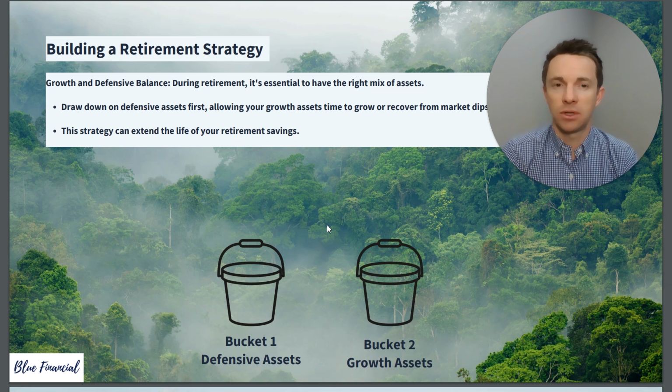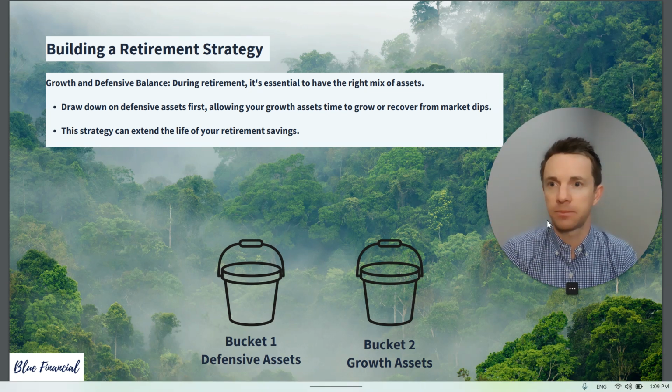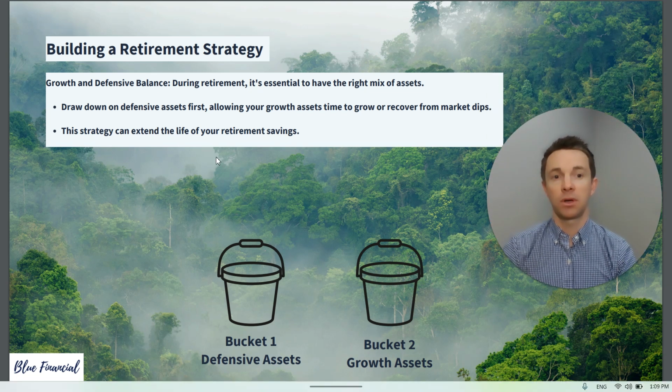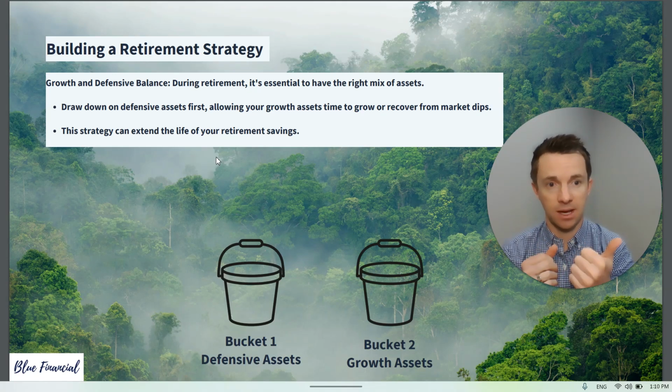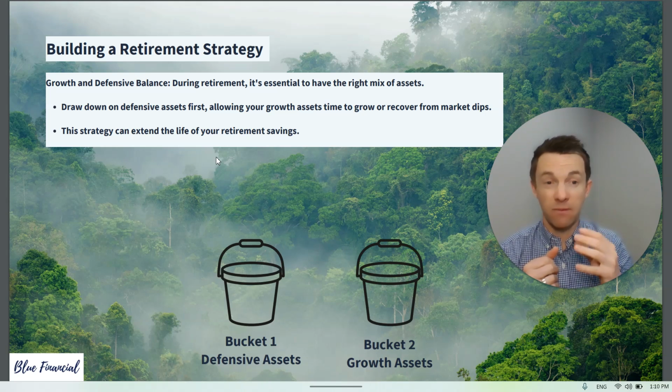Now, building a retirement strategy for you. We want a nice balance between defensive and growth assets. Bucket 1 within your super fund is going to have a certain allocation to defensive assets, the cash and term deposits, for example. Rule of thumb, you might have 5 years of income that you're going to live off in that bucket.